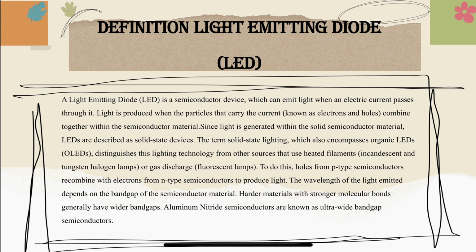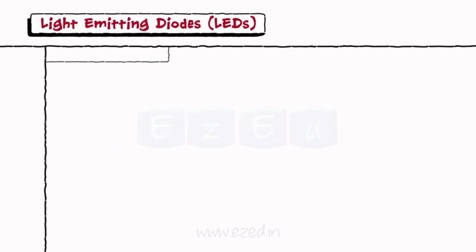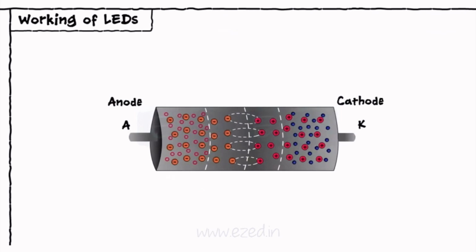The wavelength of the light emitted depends on the bandgap of the semiconductor material. Harder materials with stronger molecular bonds generally have wider bandgaps. Aluminum nitride semiconductors are known as ultra-wide bandgap semiconductors. Let's study the working of LEDs.